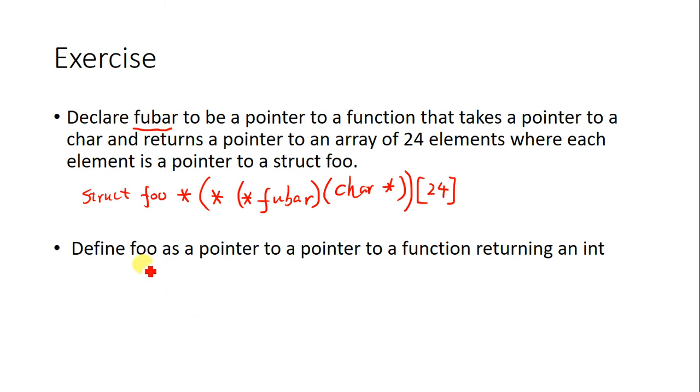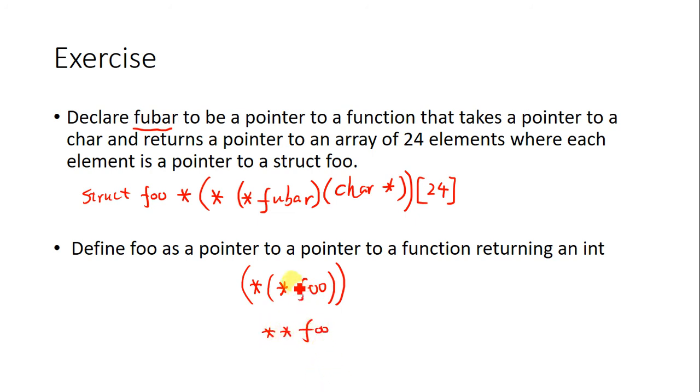Now, the next one, define foo as a pointer to a pointer. Okay, so the ID is foo. It is a pointer, to a pointer. Well, you can say foo is a pointer that points to a pointer, right? Because a pointer can only appear on the left side. You can parenthesize this, or you can just say that.